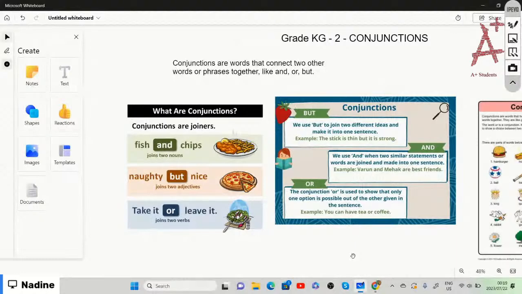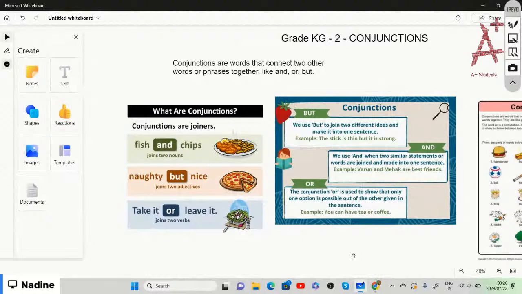That is basically the conjunction and. It is joining the words; they use that specific word, which is and, to join.